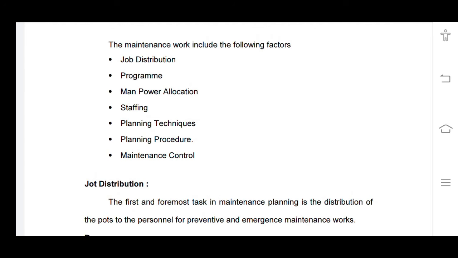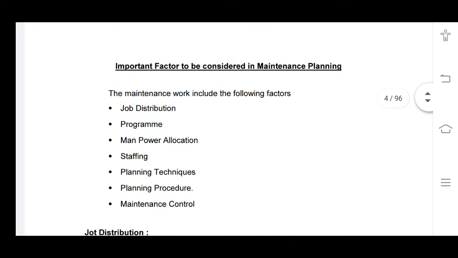Then student, one more important point comes, which is the maintenance cost. There are majorly two costs involved, which are direct cost and indirect cost. Direct cost means the costs that are incurred due to maintenance and repair action.